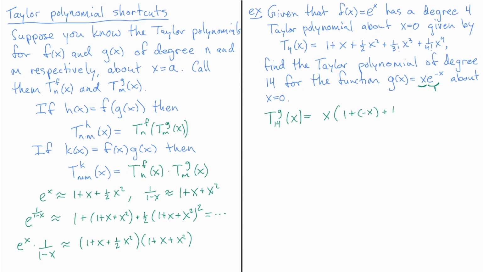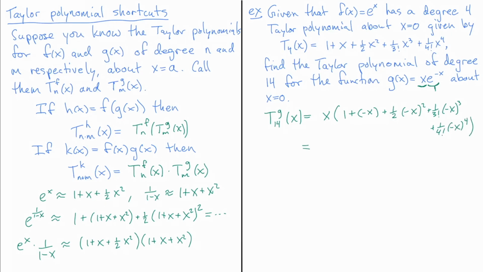And then plus 1/2 times minus x squared, and we're going to do it up to 4, so this is going to be plus 1 over 3 factorial times minus x to the 3, outside the brackets, plus 1 over 4 factorial times minus x to the 4.